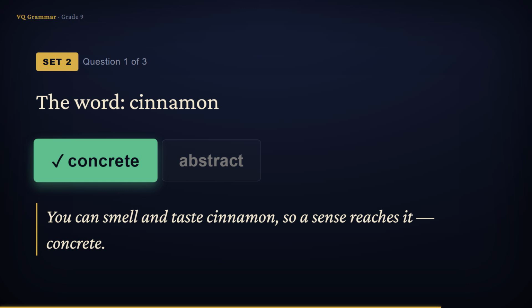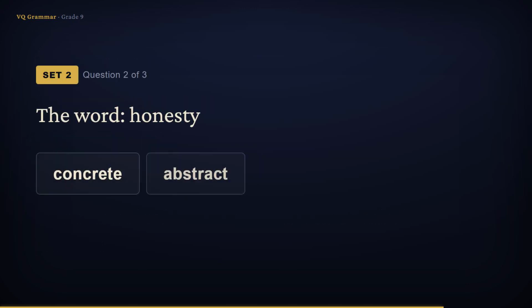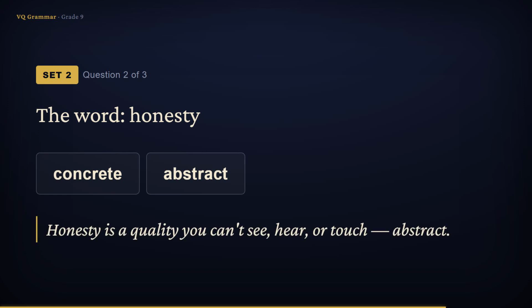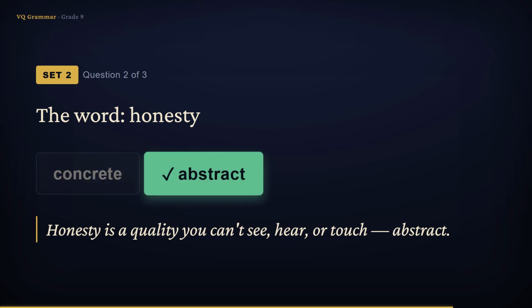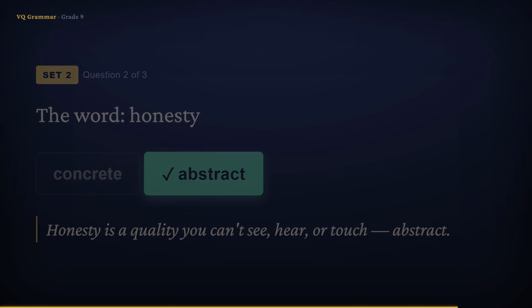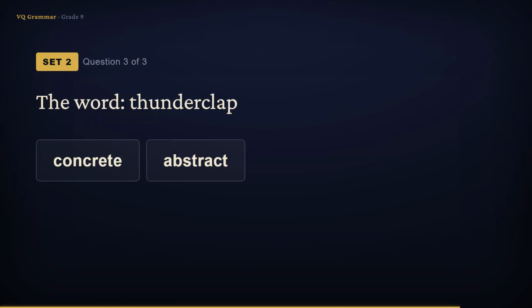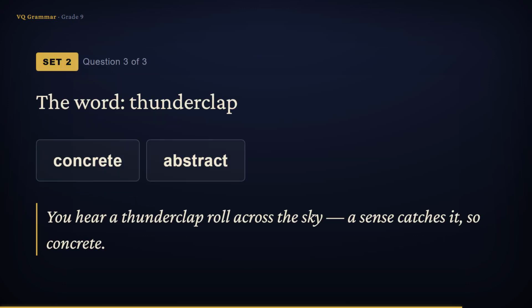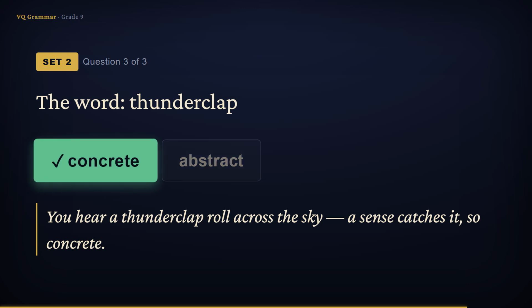The answer is concrete. The word is honesty. Try to touch it or hear it. You can't. Honesty is a quality, an idea, so it's an abstract noun. The answer is abstract. The word is thunderclap. Can you sense it? You certainly hear it roll across the sky. So a thunderclap is a concrete noun.